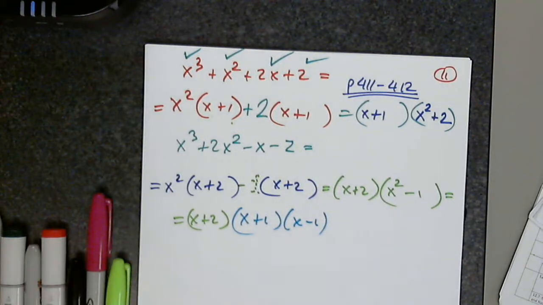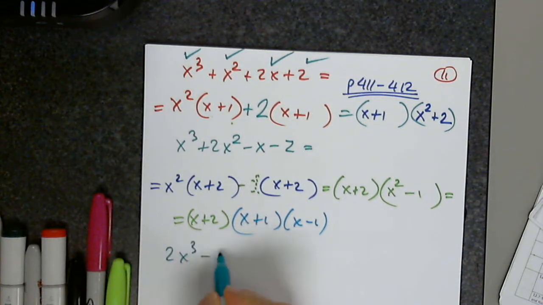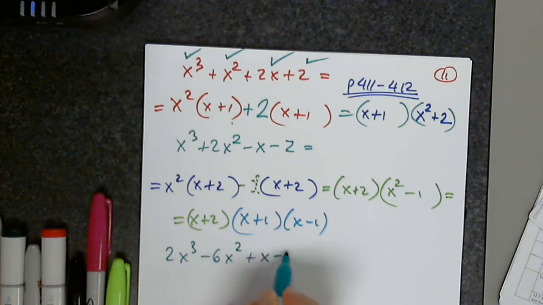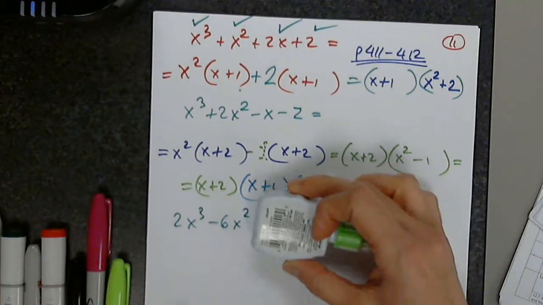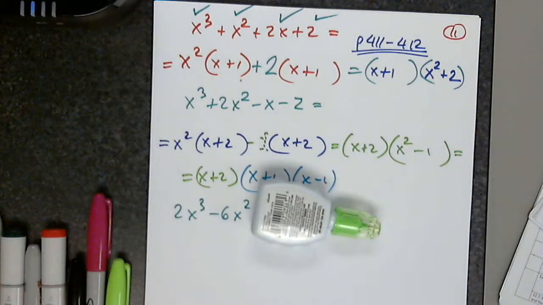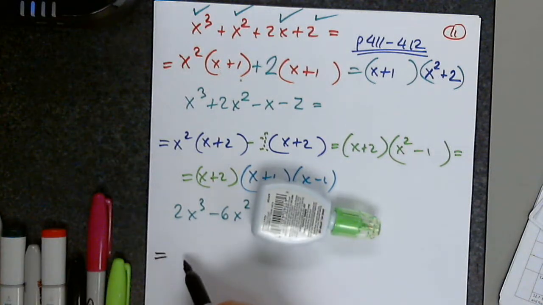From rationalizing and from dividing complex numbers. Okay, see? 2x cubed minus 6x squared plus x minus 3. Descending order, greatest common factor, no. Negative leading coefficient, no. Factoring by grouping. From the first 2, what do I factor out? Excellent.